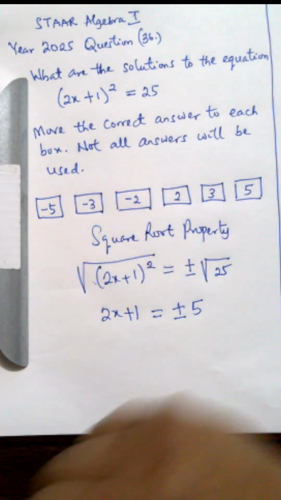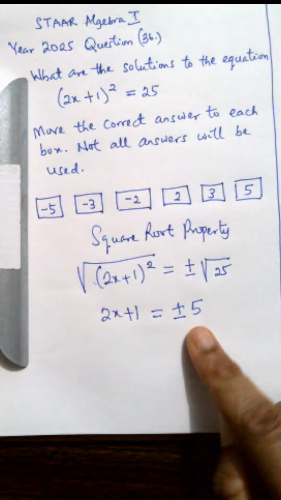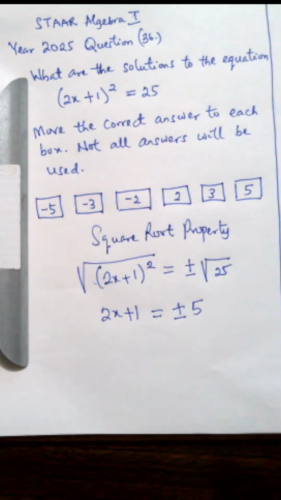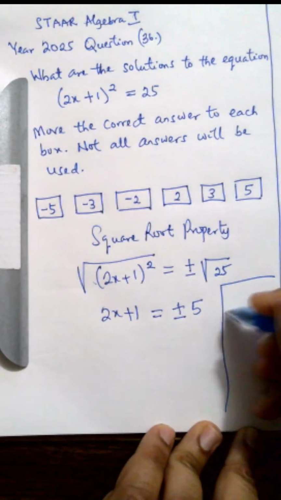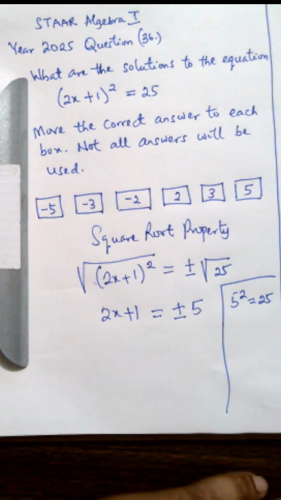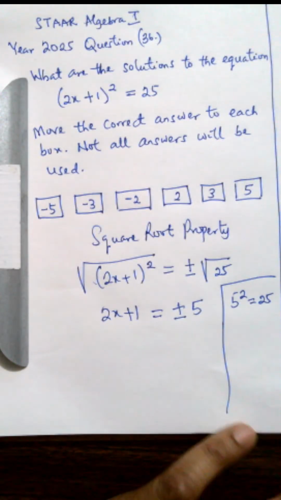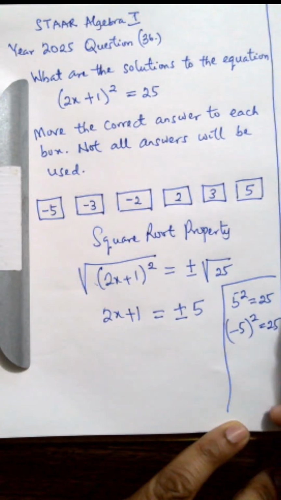Now, why do we have the plus minus, the positive square root, or what we call the principal square root, and the negative square root? It is because 5 squared is 25, not 5. And then negative 5 all squared will also give us 25.